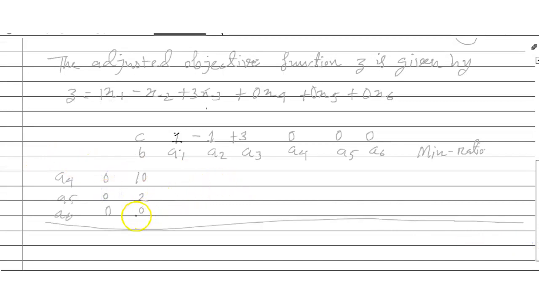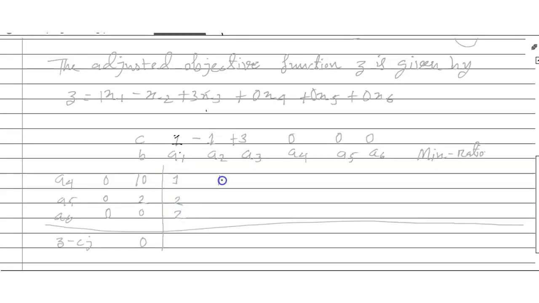Now Zj minus Cj: you multiply 10 into 0, 2 into 0, 0 into 0, so this value is 0. The A1 column is 1, 2, 2. The A2 column is 1, 0, minus 2.